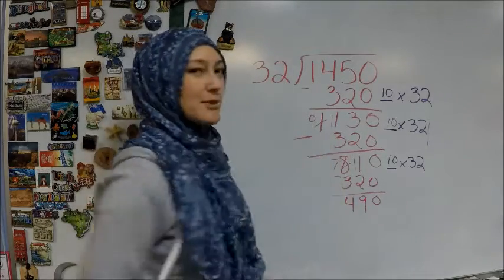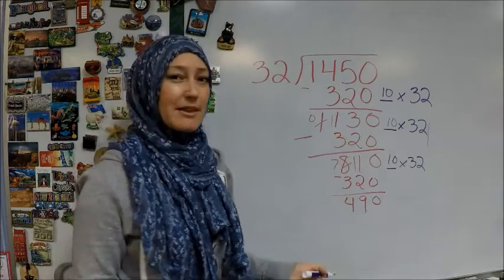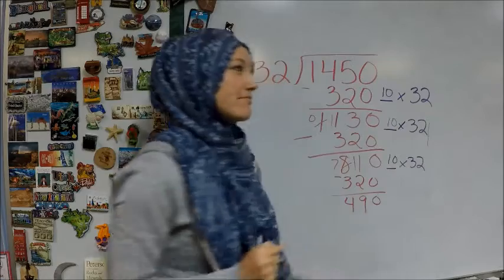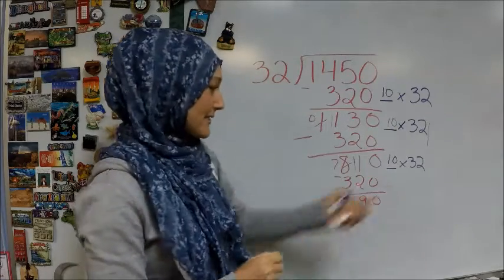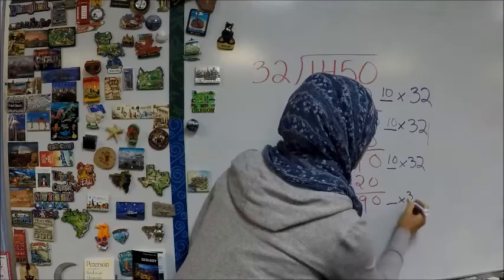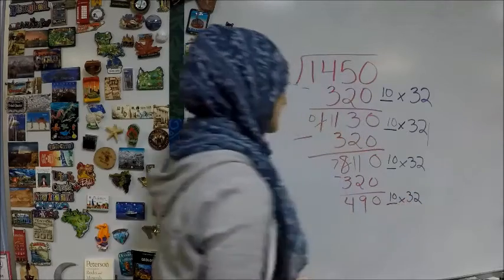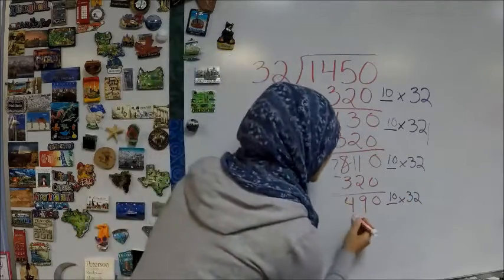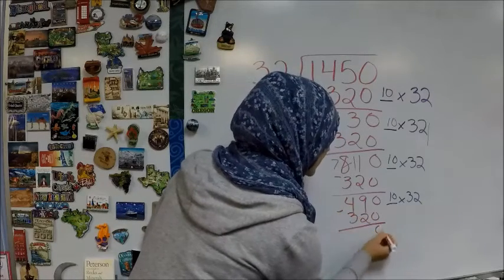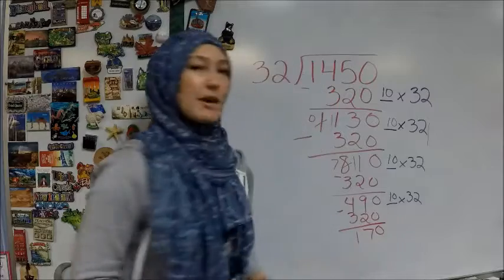But each time that I'm doing it, these are really easy mental math numbers that I can be using. So I'm not calculating big things on the side. So anyways, I can do something times 32 again. And I will use 10. 10 times 32 is 320. Do my subtraction. And I get 170.